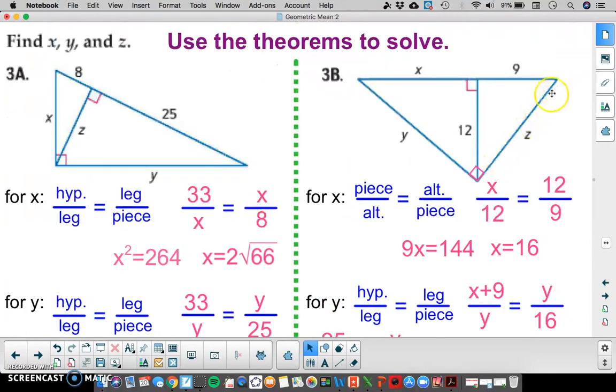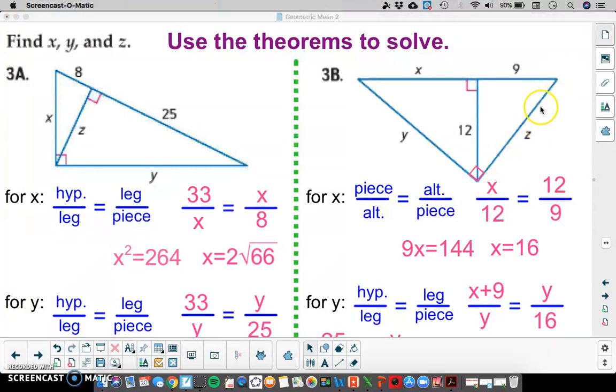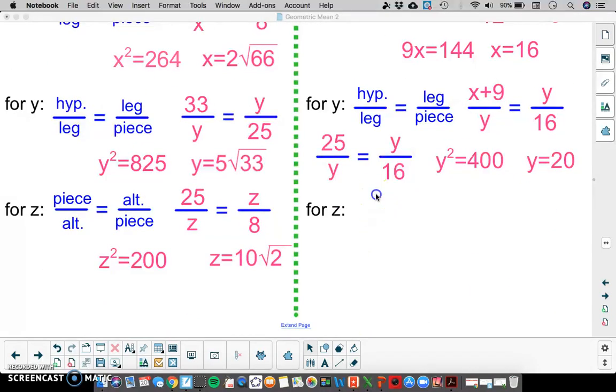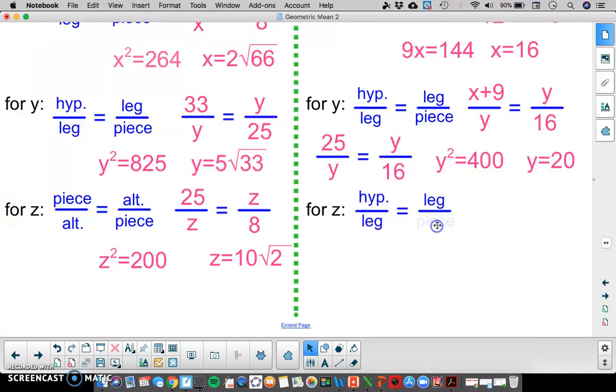For z, z is the other leg of the right triangle, and 9 is the piece of the hypotenuse that corresponds to it. It's on the same side of that altitude as z. So we're going to be using the leg theorem, which again is whole hypotenuse over leg equals leg over piece.